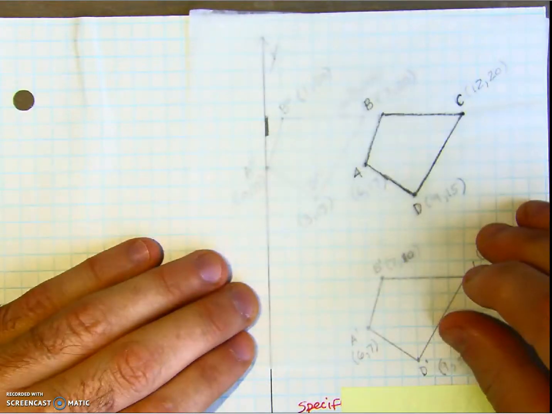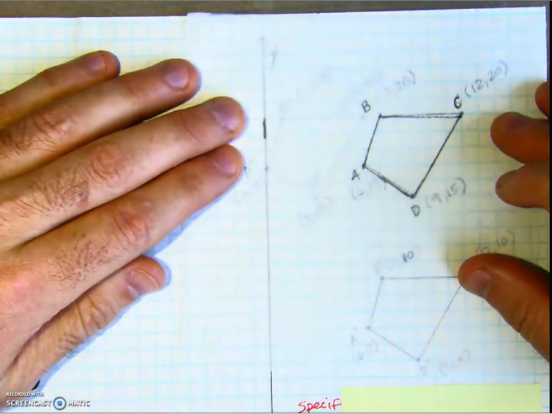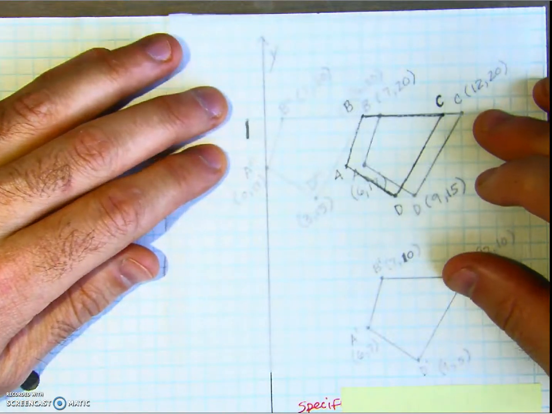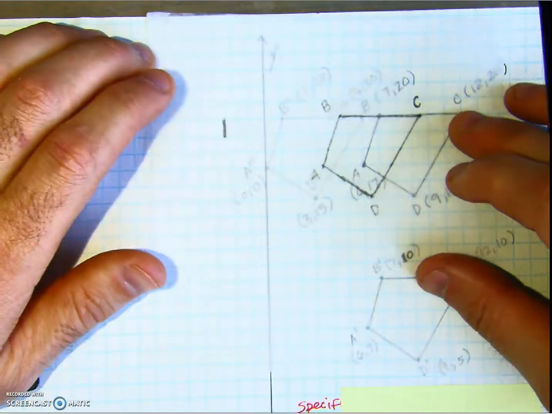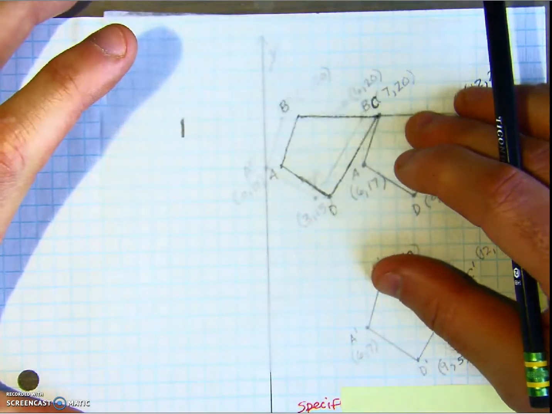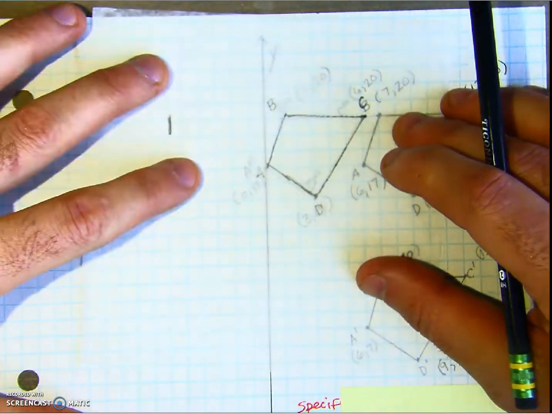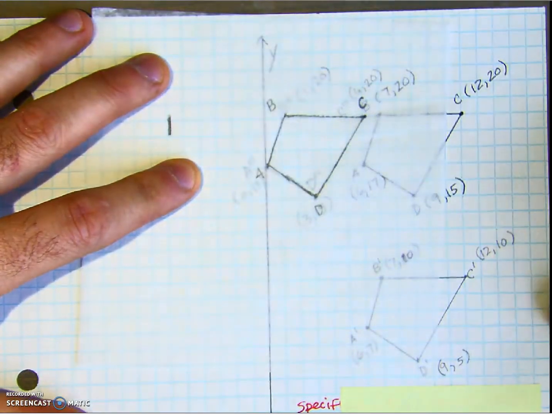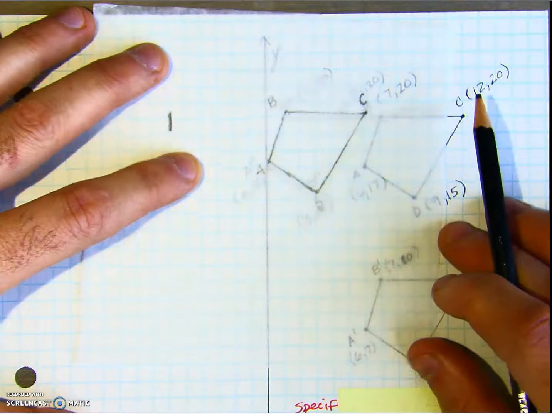Let's take a look at this. I translated it to the left: 1, 2, 3, 4, 5, and 6. That's a translation 6 units to the left.